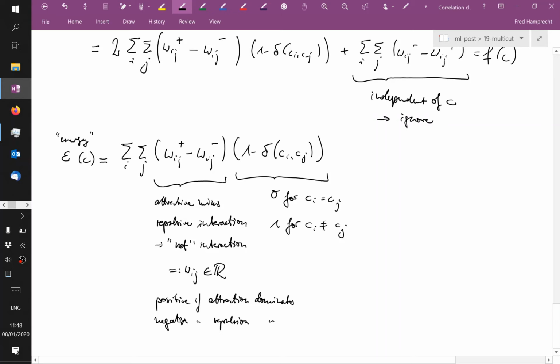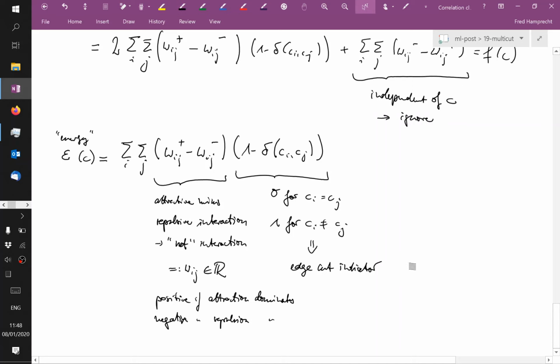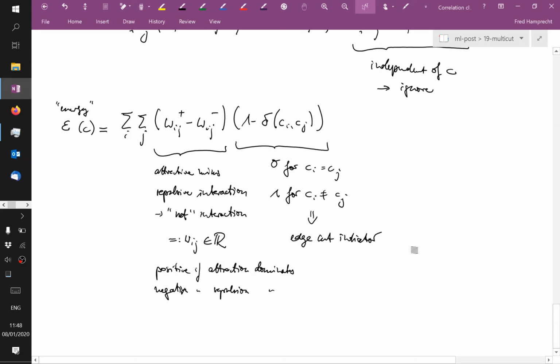And so I can say that this is an edge cut indicator. And I'm also going to give this a new name. I'm going to call this Zij.